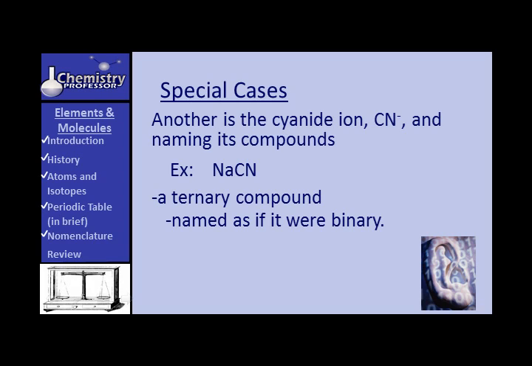But it's named as if it were binary, and it is called sodium cyanide. So don't let that situation bother you too much. That's going to happen sometimes. When we're naming things, we very often introduce historical terms and historical names, and those names have carried through with us. And sometimes it's not going to fit our attempts to be very organized with nomenclature.